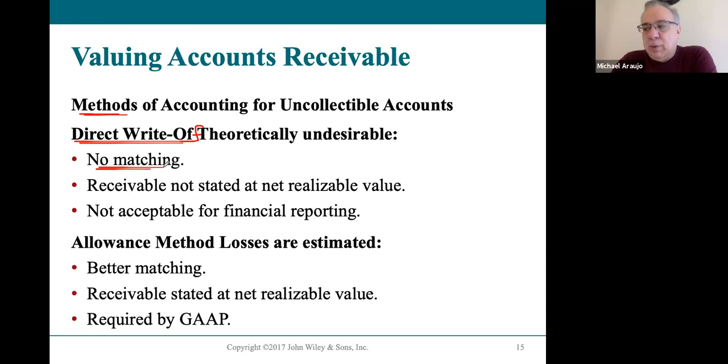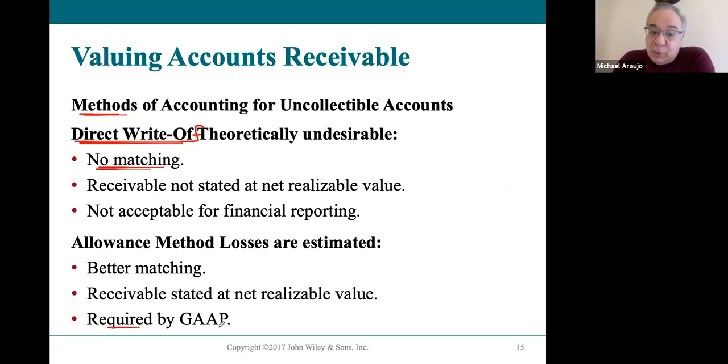But if you were a small business that sold merchandise on account, and they didn't pay, and they told you they're not going to pay, you can simply write a bad debt expense that day and take their receivable off your books because you're not going to receive it. So why keep it there longer than it has to be? That's something small businesses can do.